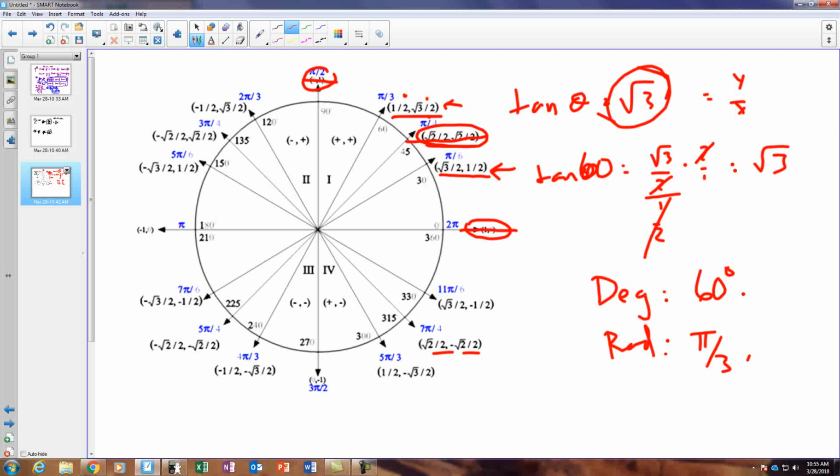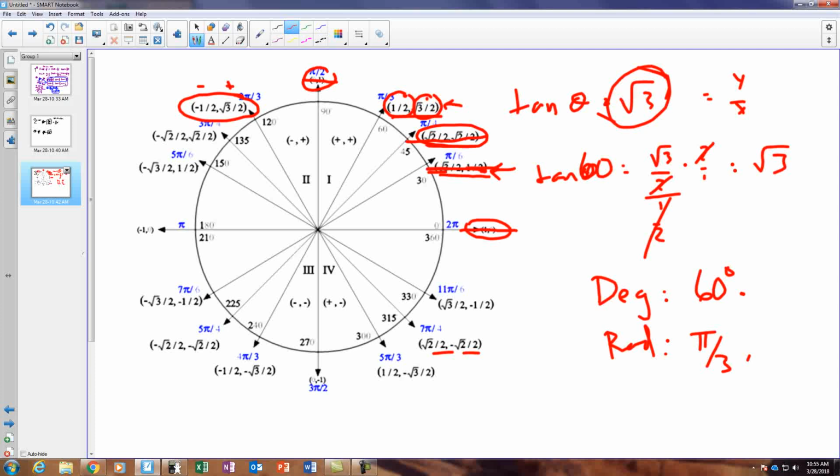Now, I need to find another place that has the same x and y values. So I decided that one was no good. Okay? So I like this being the y and this being the x. Now, if I look for other places, I can find one like it right here. The only problem is a negative and a positive.